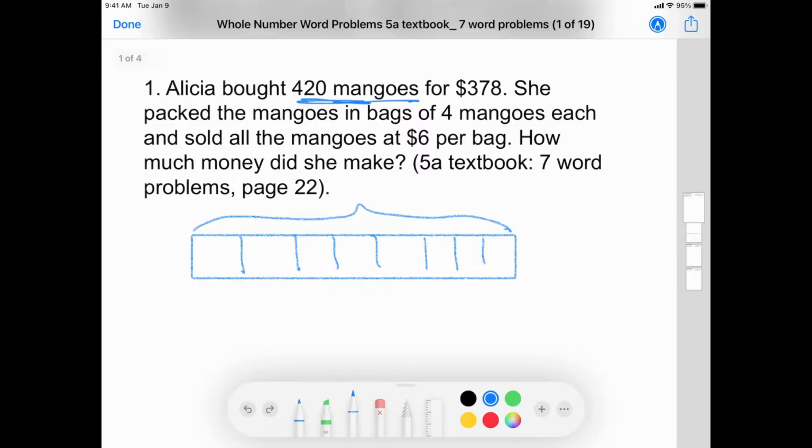So this represents 420 mangoes. I know that there are 4 mangoes, I love mangoes, in one bag. And my one bag is here. So if I can put 4 mangoes into this bag, how many can I fit in here?